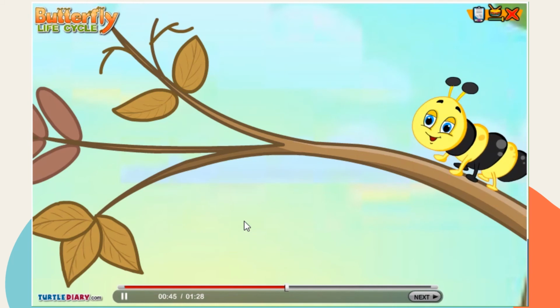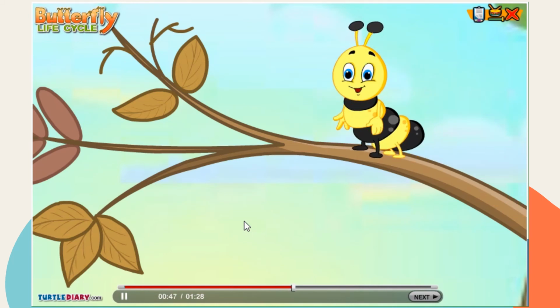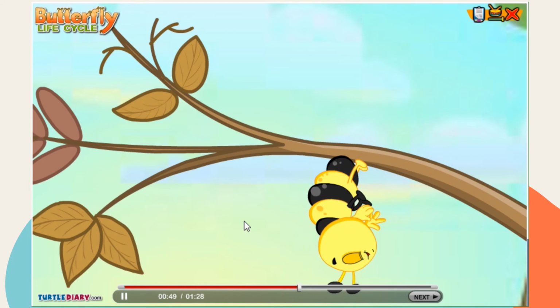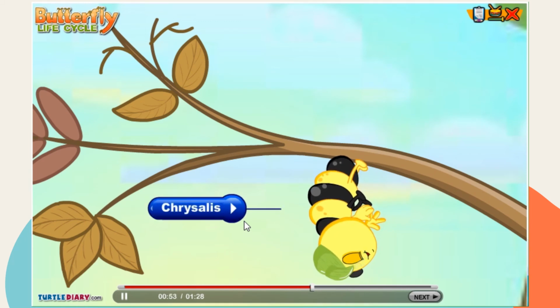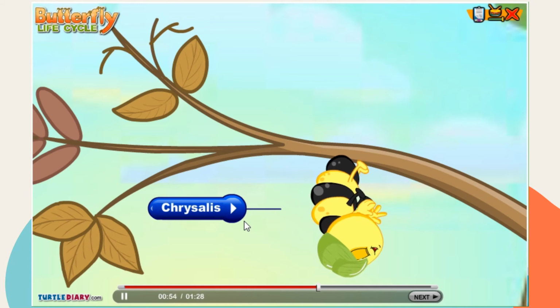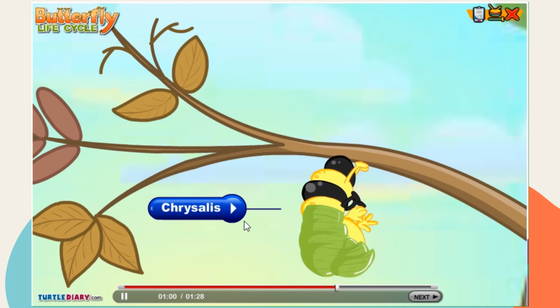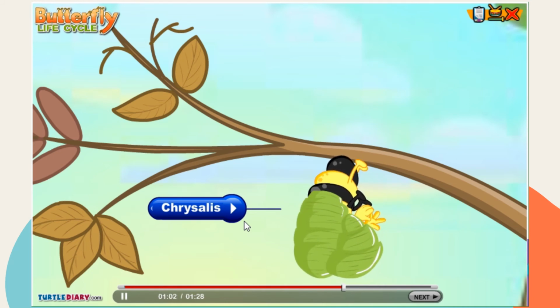It may shed its skin a few times to enclose its rapidly growing body. Once the larva is big enough, it stops eating and enters the transformation stage. This is called a chrysalis and sometimes also pupa. During this stage, the caterpillar's tissues are broken down and the adult insect's body is formed.